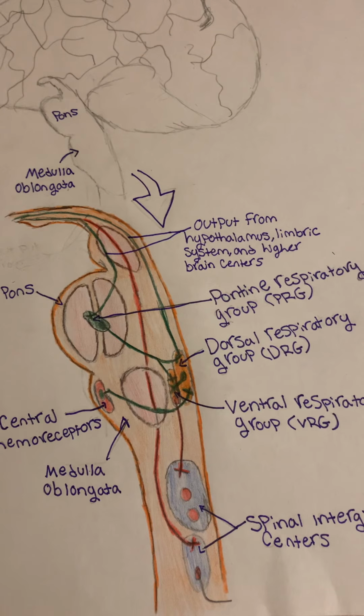And the first cycle is the ventral respiratory group. So the VRG, which is going to be this one right here. It's the smaller one. So I made a little chart for that. And the ventral respiratory group is the primary generator of the respiratory rhythm.